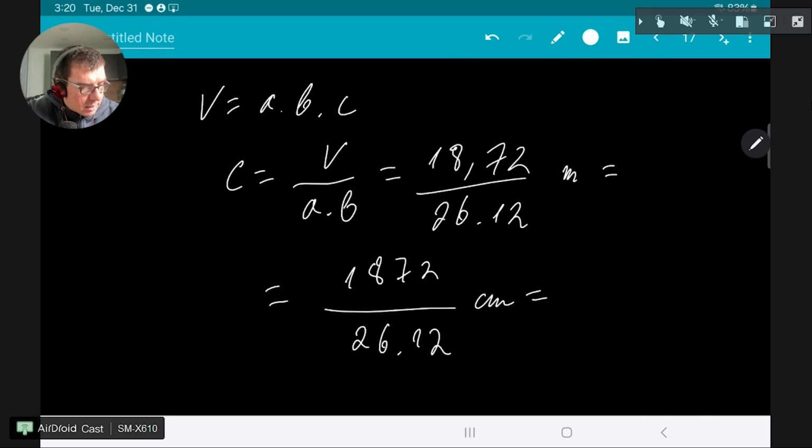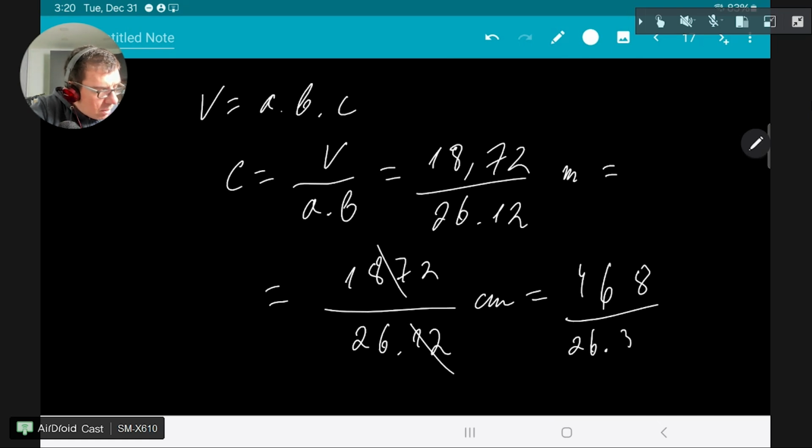So let's start dividing. So 12 and 72, let's divide them by 4. 1872, let's divide by 4. So 18 divided by 4 is 4, remainder 2. 27 by 4 is 6, remainder 3. 32 divided by 4 is 8. 26 times 3.